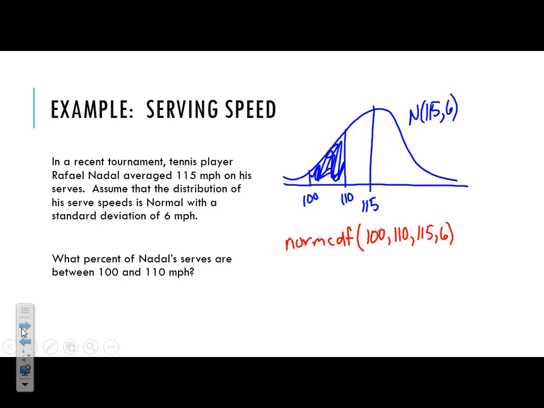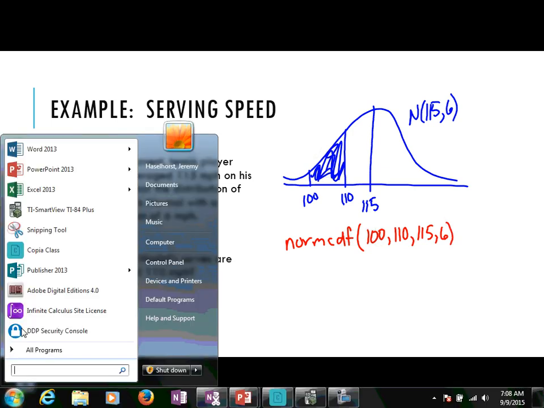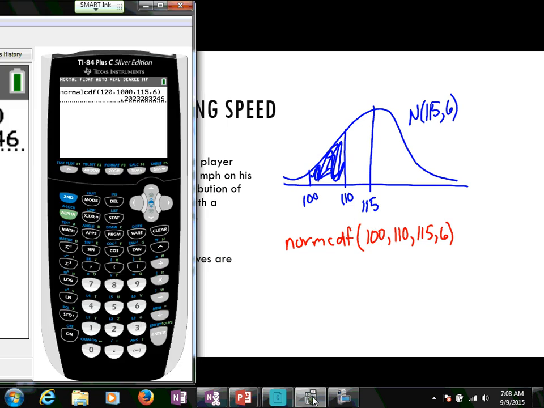All right? So if we pull that calculator back up, let's change those input values here. So again, I'm going to go into my distribution menu. We're going to choose number 2. And now I need to change my bound. So my lower bound is now 100. My upper bound is now 110. I still have the same mean, the same standard deviation.